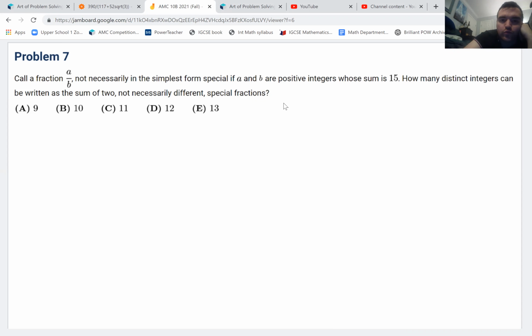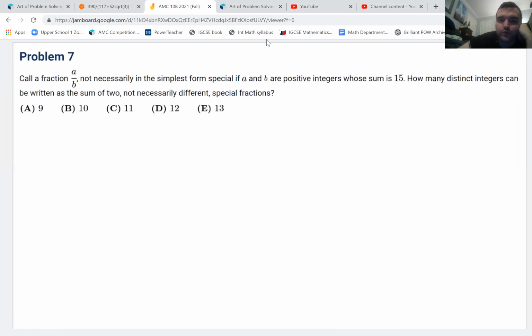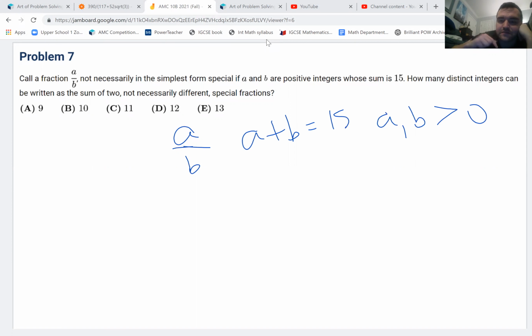So we're looking at numbers of the form a over b, where a plus b has to add up to 15, and a and b are both positive integers, right?